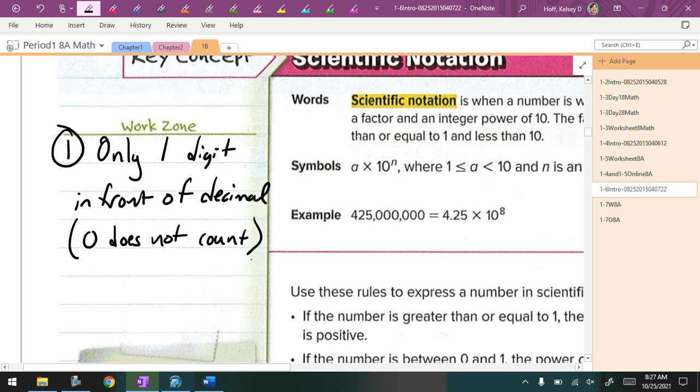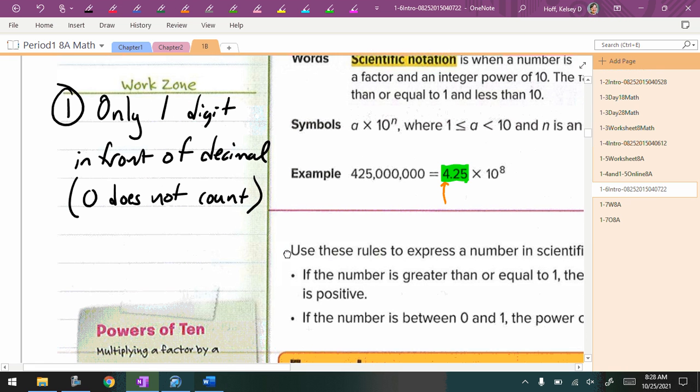We can only have one digit in front of the decimal. Write this down for me up here. So if you look right here, they have 4.25. Just a number 4 is in front of the decimal.